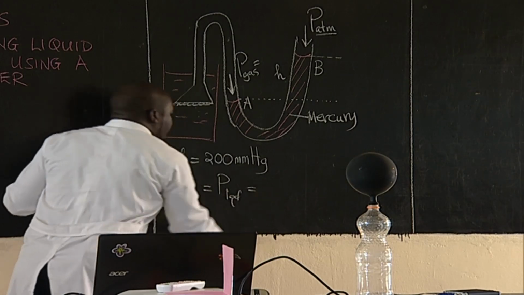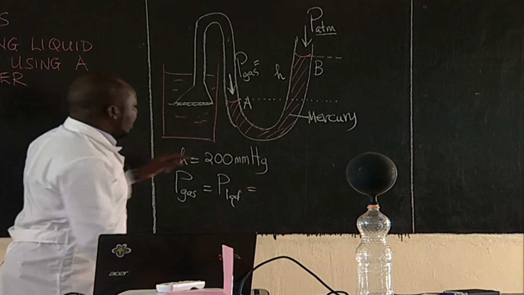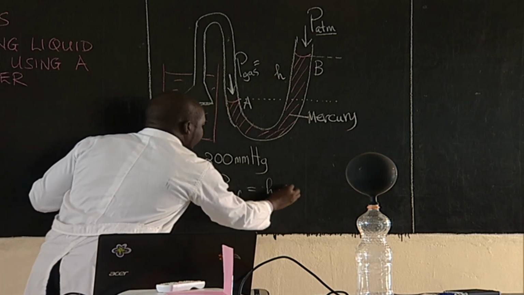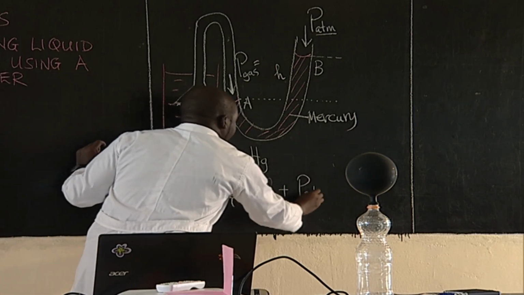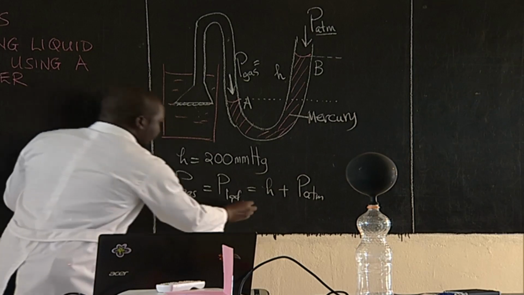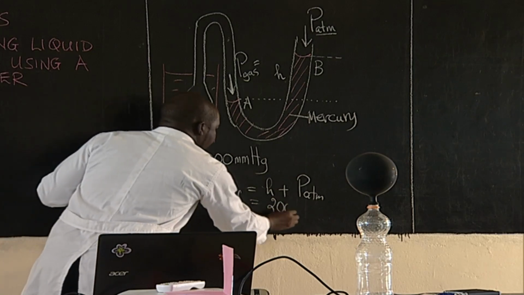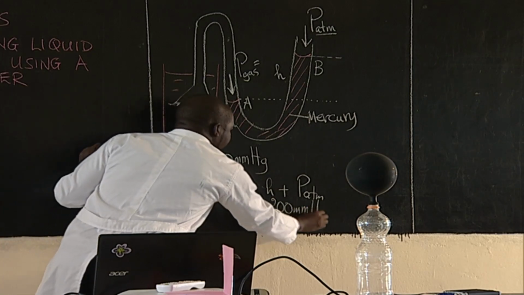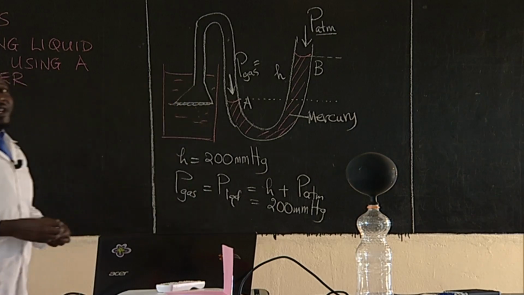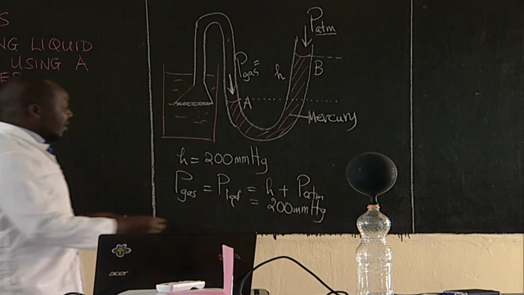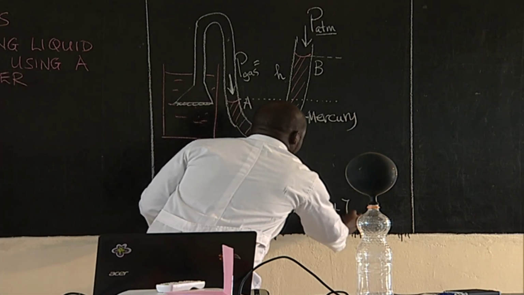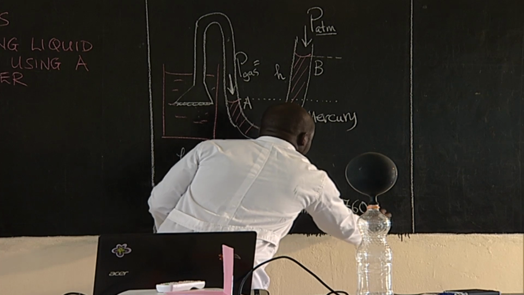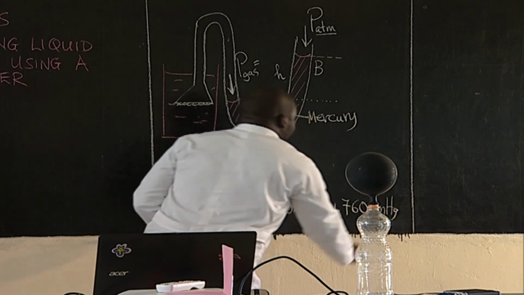So we are going to have, because it is more than atmospheric pressure, it is going to be equal to h plus atmospheric pressure. In this case, our h is 200 millimeters of mercury, and atmospheric pressure, do you remember the value? Yes, it is a constant at sea level, which is 760 millimeters of mercury.